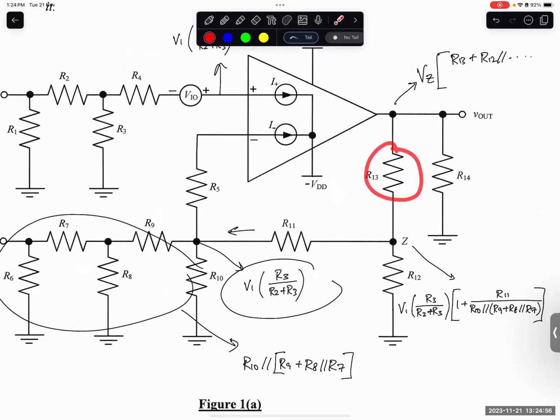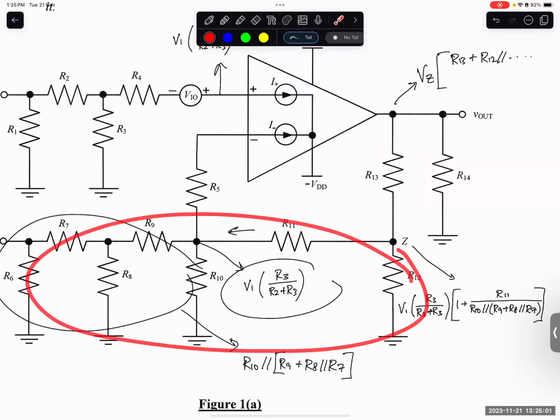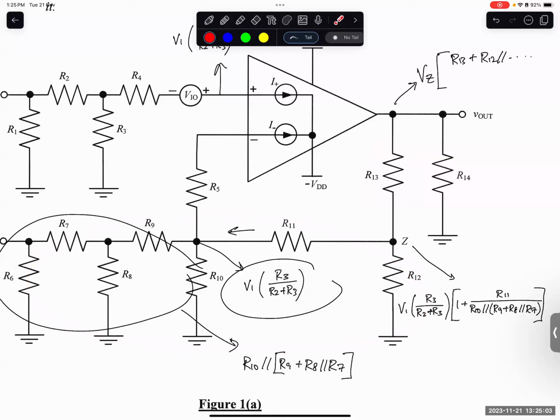It's this term plus everything below, the voltage, then divide by R12 parallel with and so on.